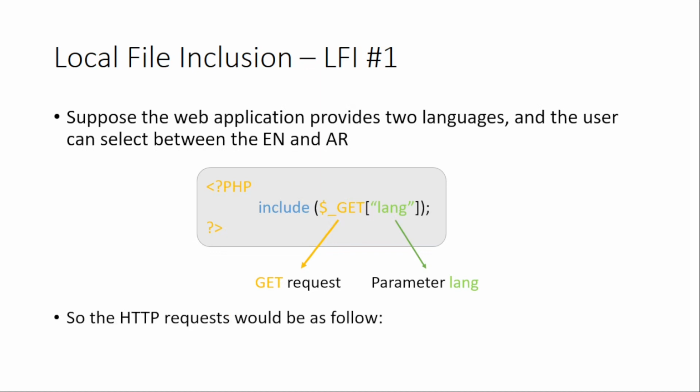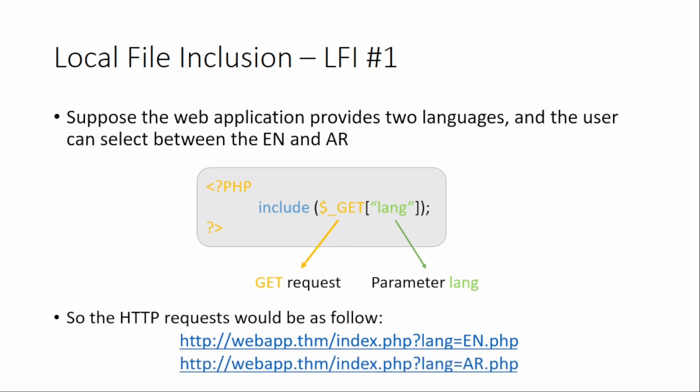So the HTTP request would be as follows. Or like this if you are searching for the Arabic language. And both the en.php and ar.php files exist in the same directory.